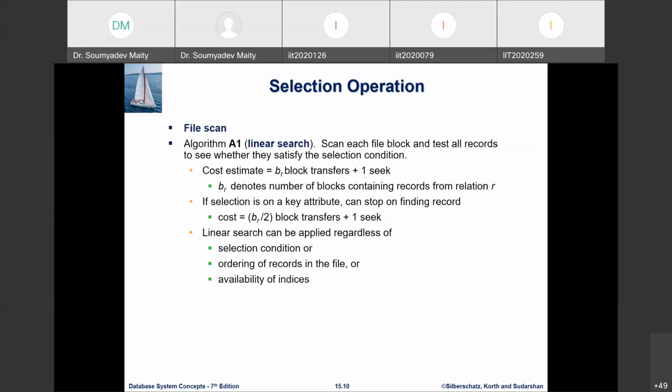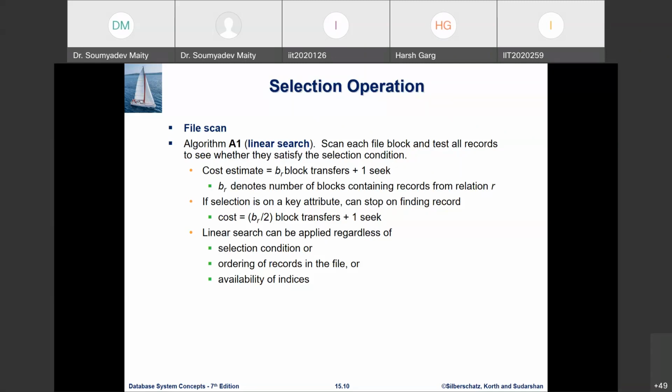Now for the linear search, how many block transfers will be required and how many seeks will be required? Let us consider first the worst case scenario. In the worst case, how many block transfers will be required? It depends on the selection condition, on which attribute you are applying the condition. It may be a key attribute, meaning a candidate key, or it may be a non-key attribute.